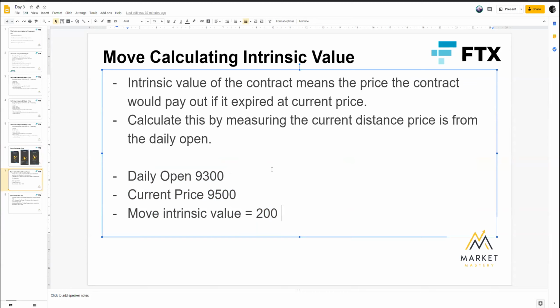But the current price of the move contract might be like 330, right? Which means the price is going to start to move until the price starts to actually pump again. What's going to happen is the move contract is actually going to start pushing towards $200, right?